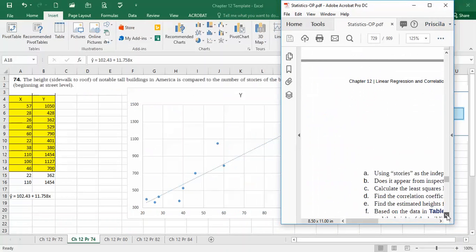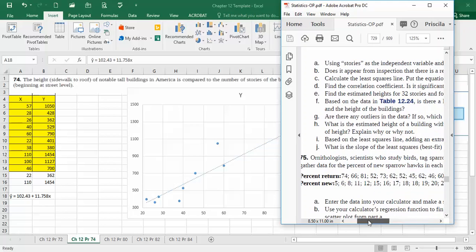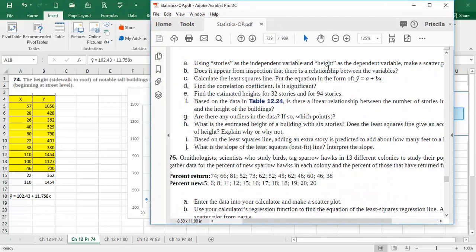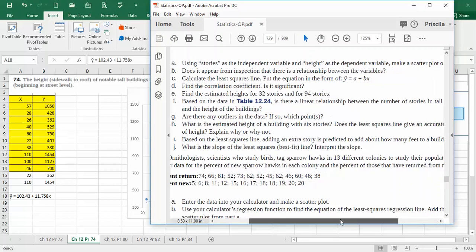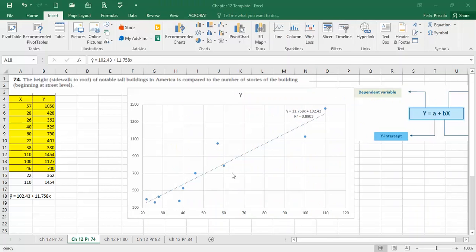And then let's go using stories as the independent variable, that means X. This is stories. And height as the dependent variable, make a scatter plot. Here we go. I just did that.